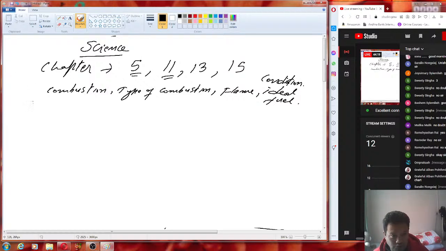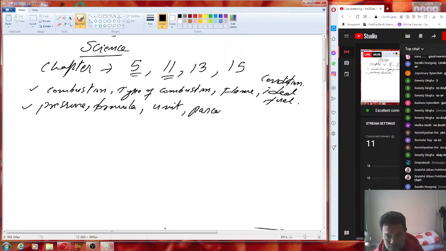Here you have to know well about the pressure definition, and also the formula to find the pressure, then the unit of pressure, Pascal's law, then barometer. These are those things that you have to prepare well.